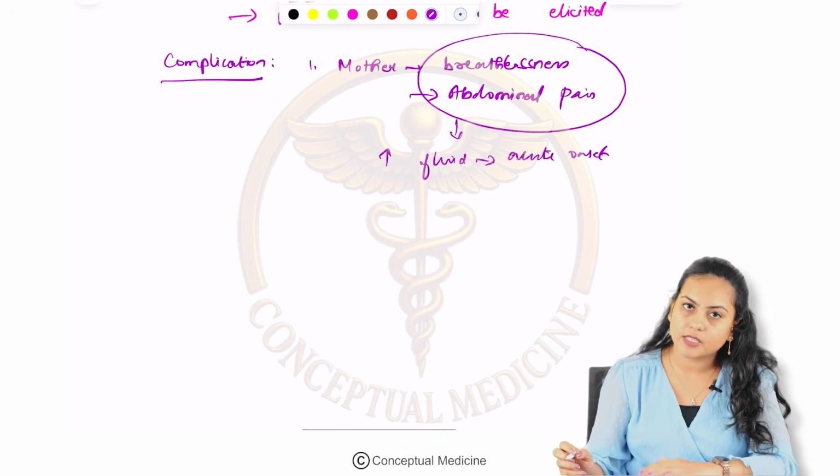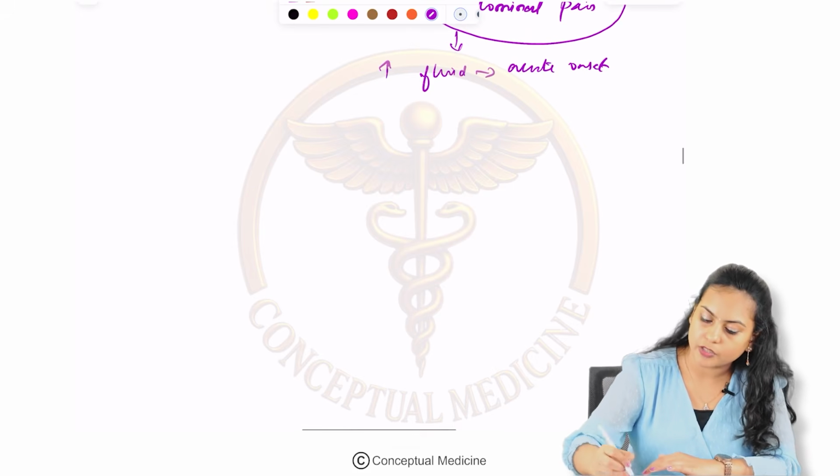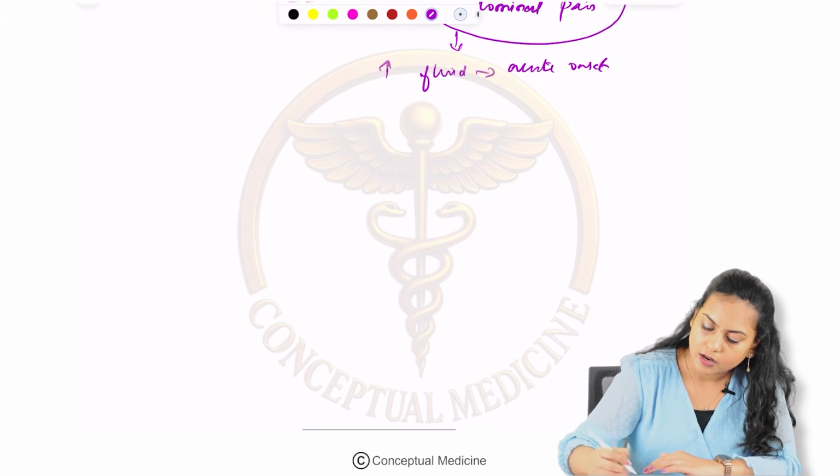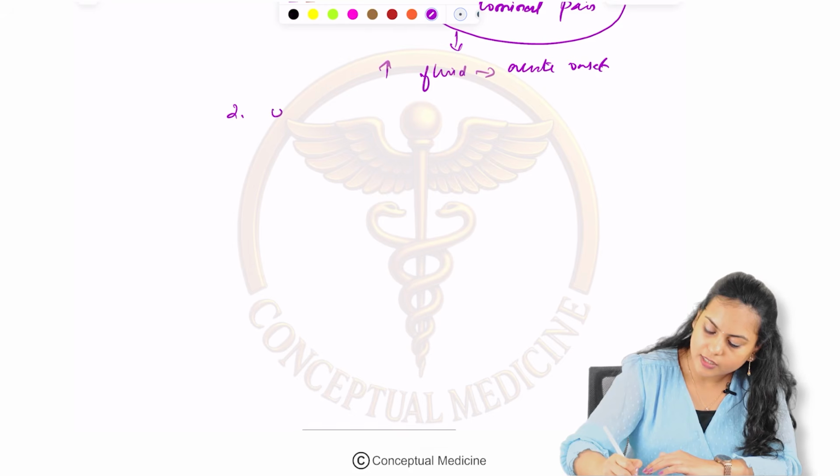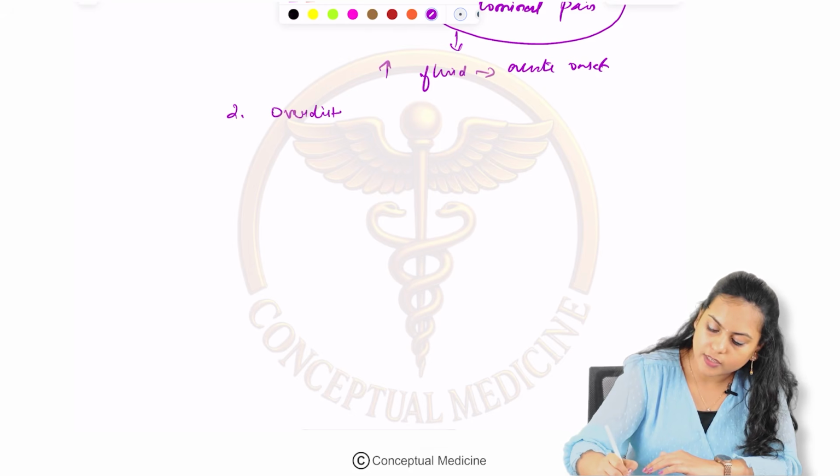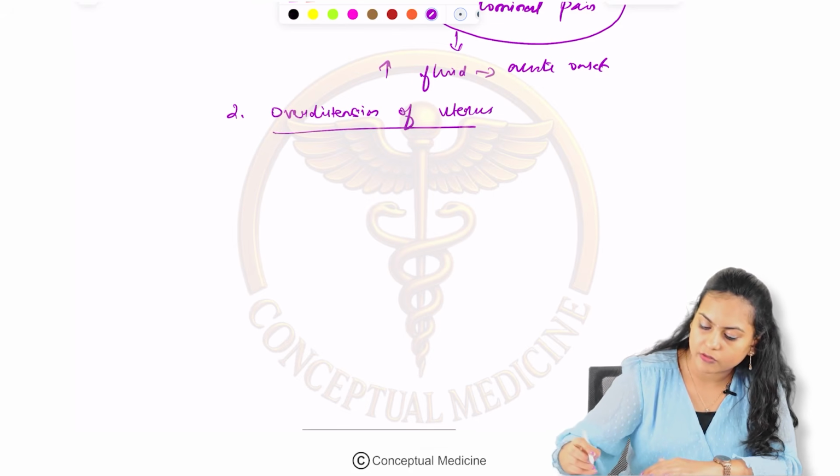Suppose if it happens in a slower onset, then there won't be much symptoms. Since there is over distension of uterus, there is more pressure inside the uterus, right?